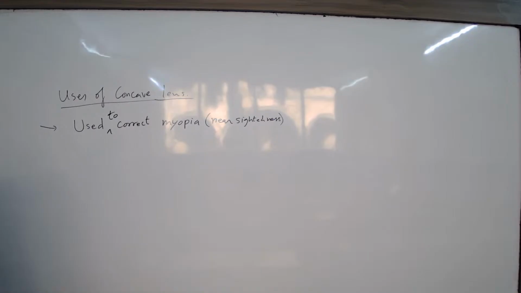Is it given in the book? Uses is not given. Maybe it is given in the volume. It is not in the volume also.